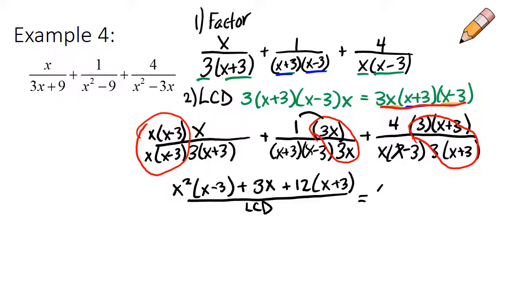Let's simplify it a little bit more. X cubed, if I distribute that, 3x squared, 3x, 12x, and a 36. All over that LCD. I'm going to write it out this time. 3x, x plus 3, x minus 3.